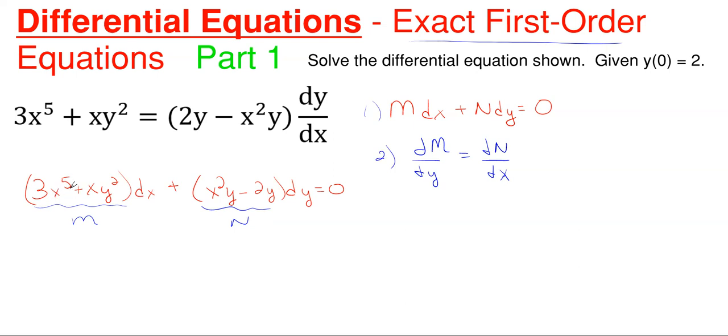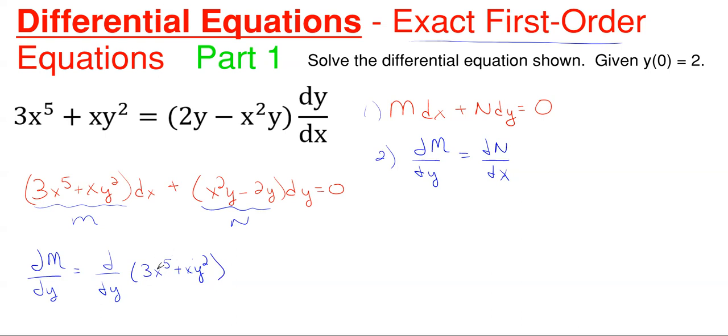So my M would be the 3x to the 5th plus xy squared. The N would be x squared y minus 2y. So let's go ahead and check our partial derivatives here. The partial derivative of my M with respect to y would just be the partial derivative with respect to y of 3x to the 5th plus x times y squared. And since we are taking a partial derivative with respect to y, we are going to treat x as a constant here.